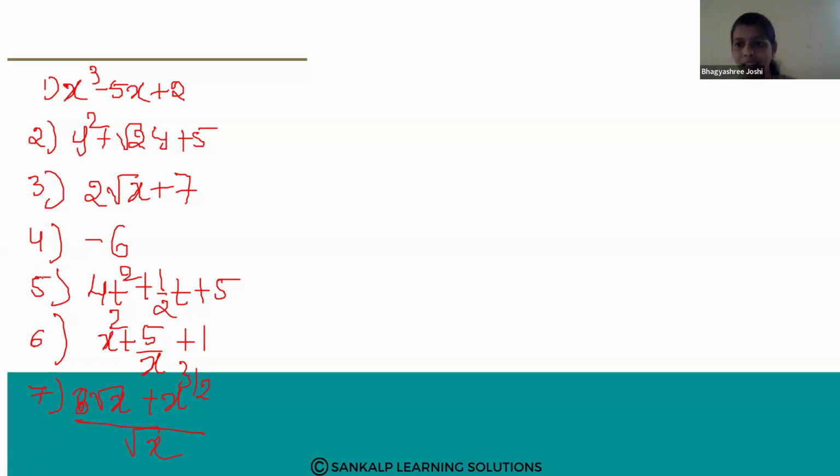The degree. So the degree of the polynomial is 3 here. 3 is a positive number, it is a whole number. Next, 5x. The power of x is 1, so it is also a whole number. Next, 2 is a constant term. 3 and 1 are both whole numbers. Therefore, it is a polynomial. So the first one is a polynomial.